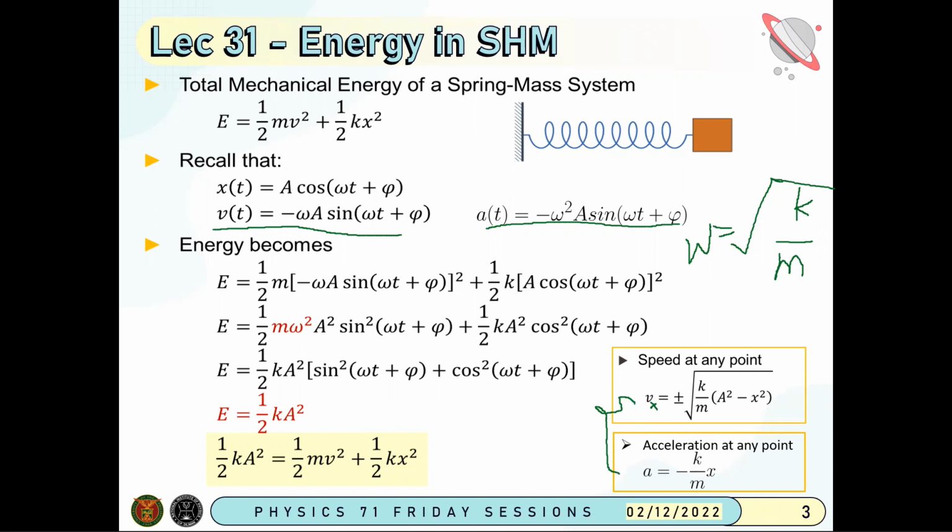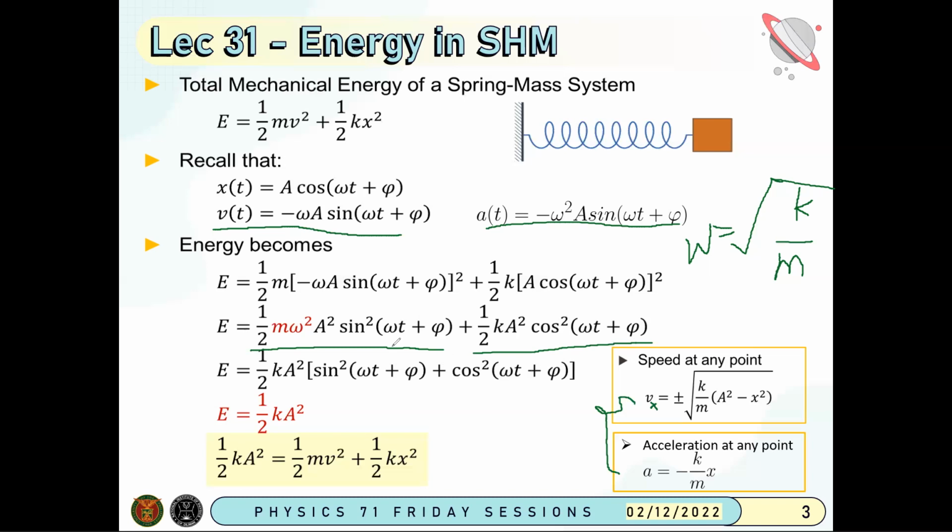Paano po pala na-assume na m omega squared equals k? Actually, it's a trick. Ito kasi, 'di ba meron tayo ditong kinetic energy saka potential energy. Ngayon, gusto nating mapag-add.